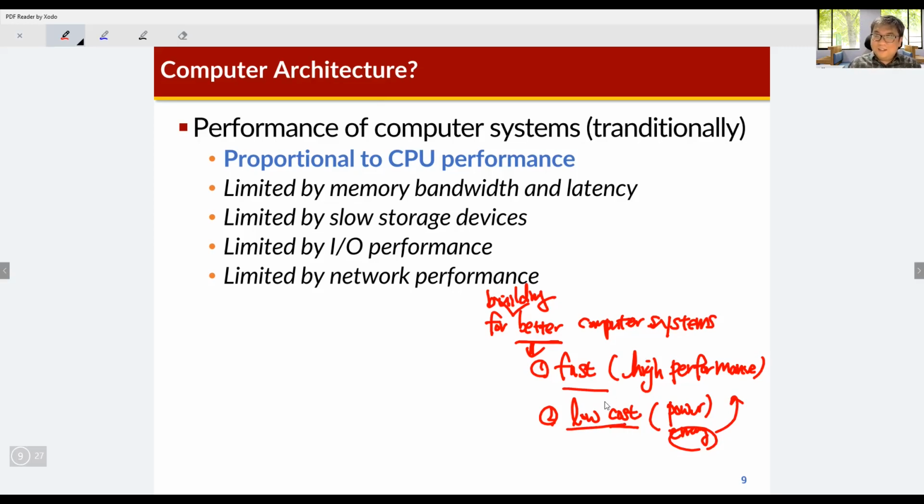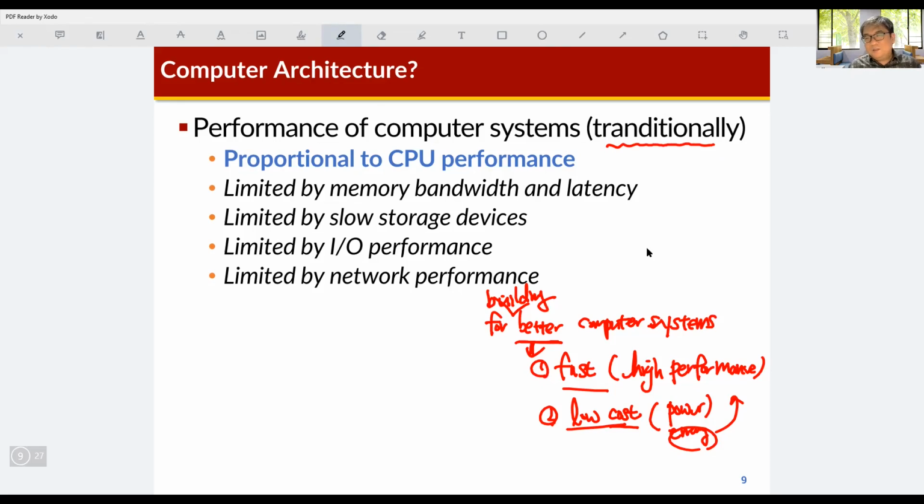So that is actually the goal of our computer architecture research, and then also it's the goal of computer system research. So why is the CPU important? The performance of a computer system traditionally, so focus on the word traditionally, is proportional to the performance of the CPU.